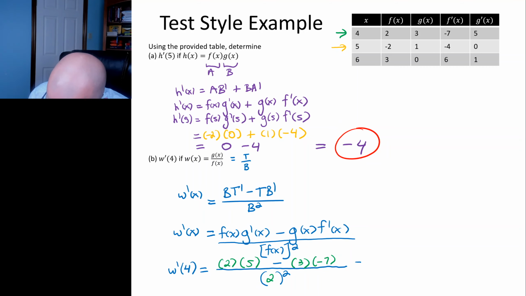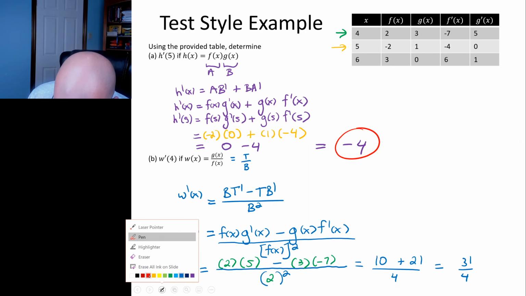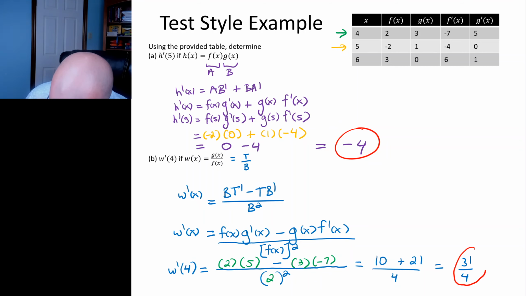And then we'll simplify. 10 plus 21 over 4. So we have negative times negative for those two terms on the right and on top, so positive. 3 times 7 is 21. And that's going to be 31 over 4. Okay, that's it. See you in the next set of videos.